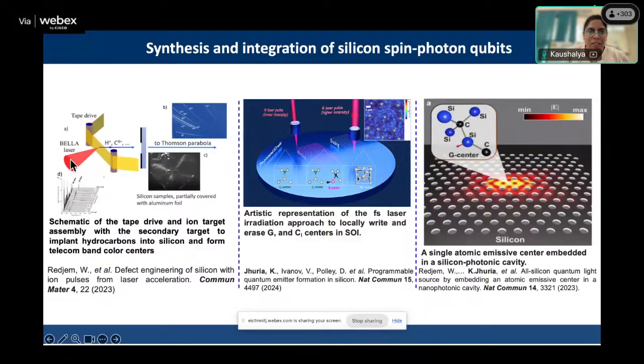We have explored various conventional as well as non-conventional methods to synthesize different quantum emitters. And we can also make them reliably at local positions using slightly different conventional approaches, along with integrating femtosecond local annealing into the picture.